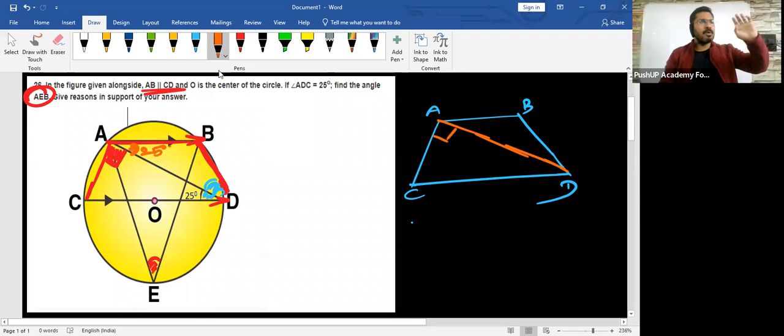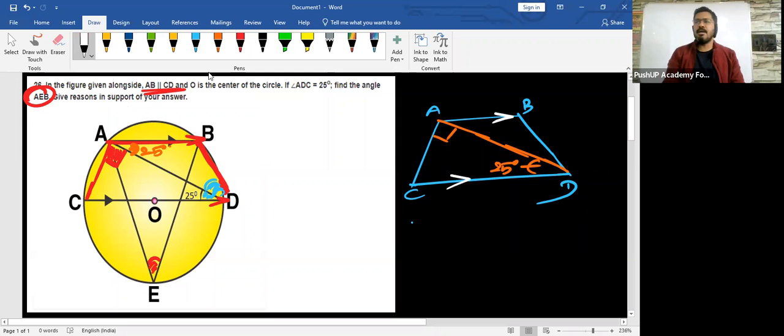That part is clear for all? You knew that this angle is equal to 25 degrees. And at the same time, it was mentioned that side AB and side CD are parallel to each other. Since they are parallel, this angle is also equal to 25 degrees. The reason here is alternate interior angles between two parallel lines.